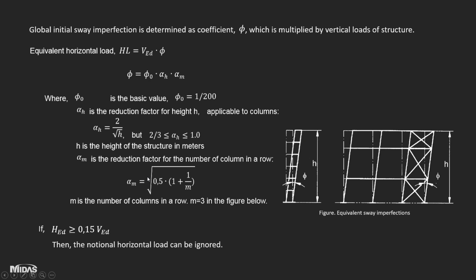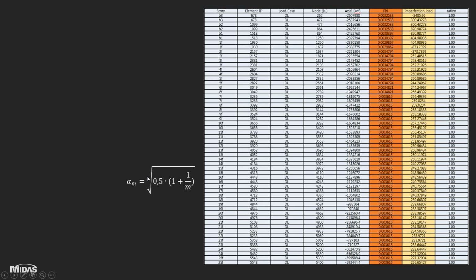Because of this alpha m, we need to consider some Excel. We need to calculate in the Excel file by ourselves. So we need to consider the phi value, and then we also apply the imperfection load based on this phi. So this is what we have to calculate in an Excel file for imperfection load in Eurocode.